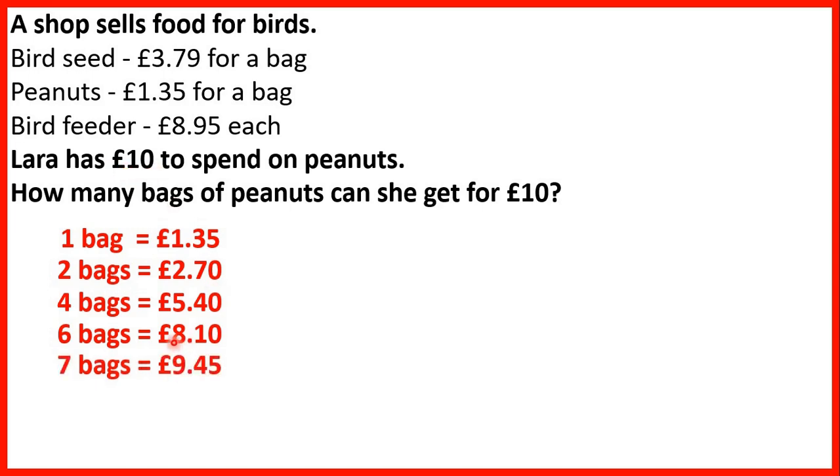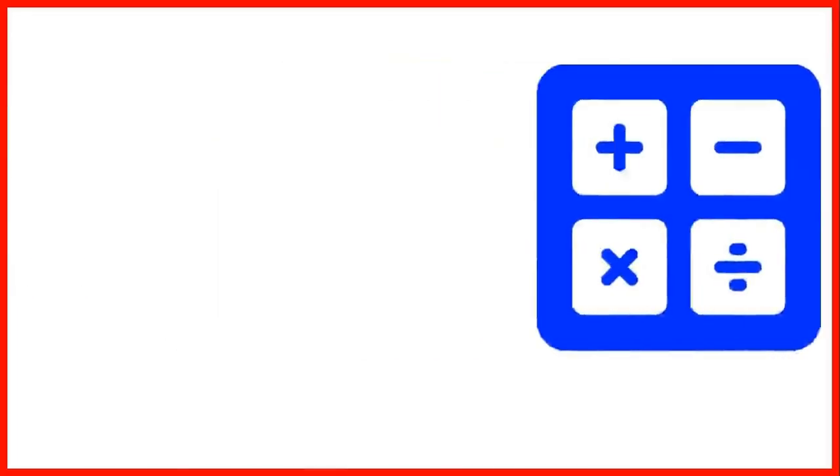So if we just add another £1.35, so 1 more bag, we get £9.45, and that's 7 bags. Now, if we added £1.35, that would be too many. That would take us over £10, and Lara only has £10 to spend. So she can buy 7 bags of peanuts.